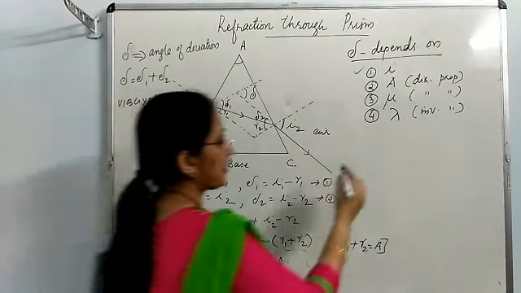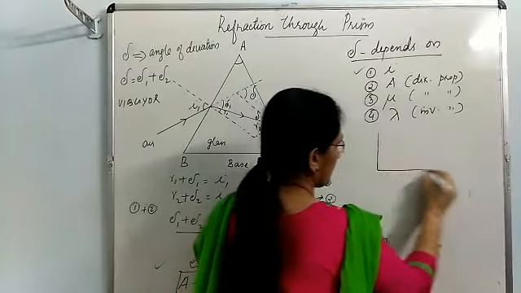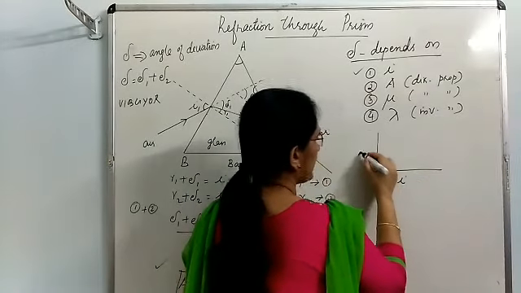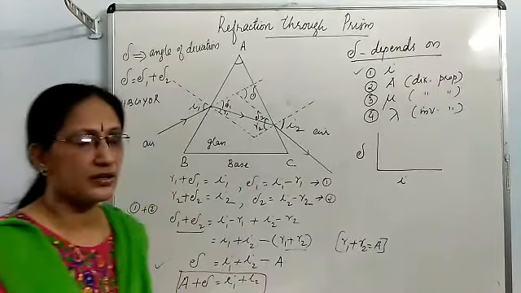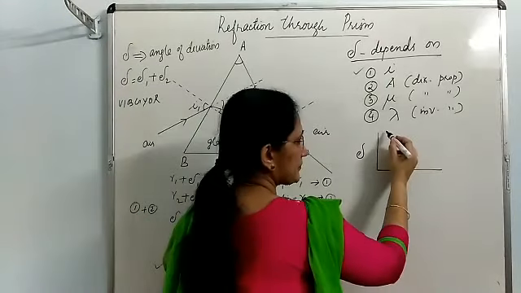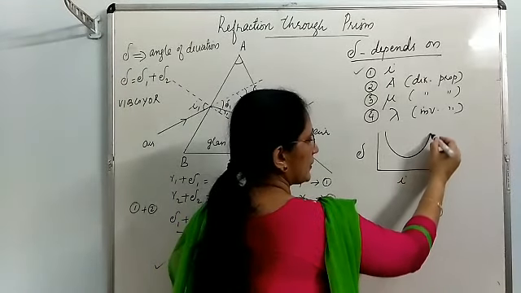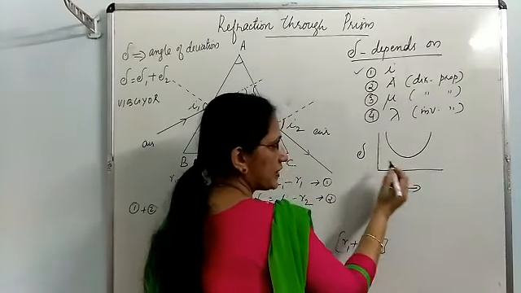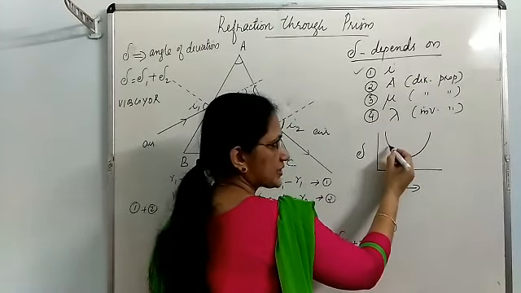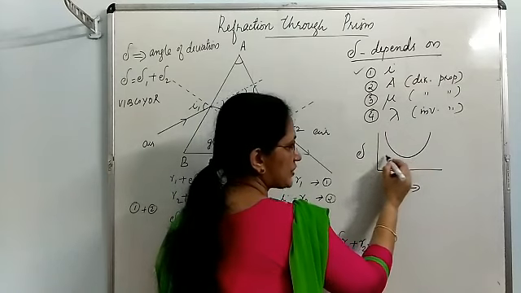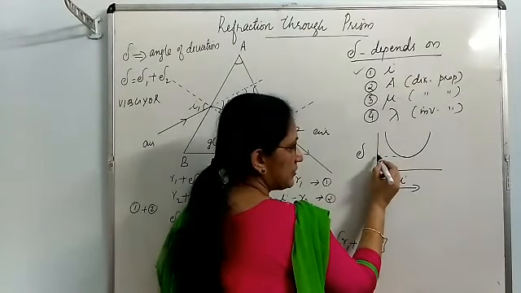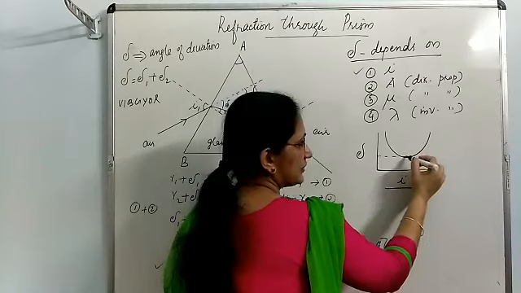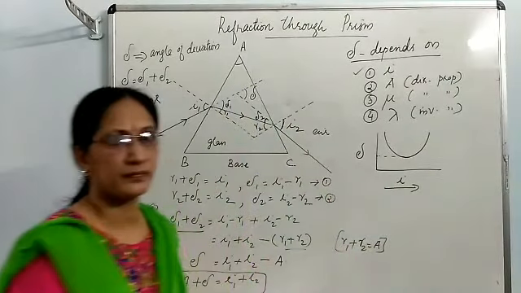So if you plot a graph between angle of incidence and angle of deviation, you will get a curve like this. This curve denotes that when the angle of incidence is going on increasing, the angle of deviation first decreases, reaches a minimum value, and then goes on increasing.